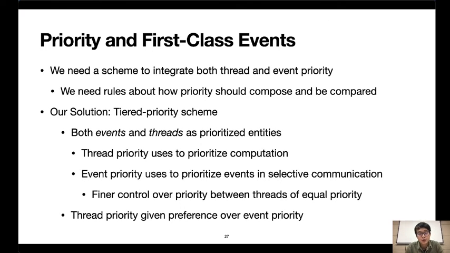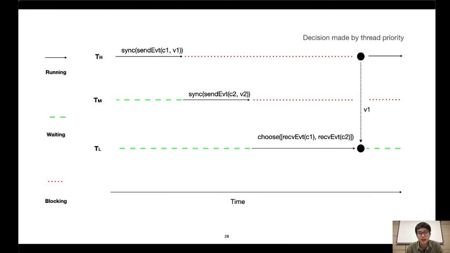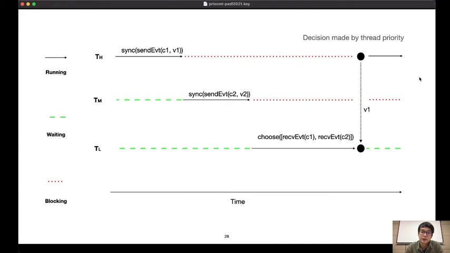After we introduce this scheme, let's consider the example from our last slide. If we make the decision by thread priority, then we know that the first pair is synchronized by a high priority thread, and the second pair, the thread synchronized on this send event, is the medium priority thread.